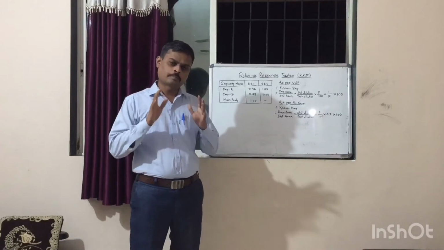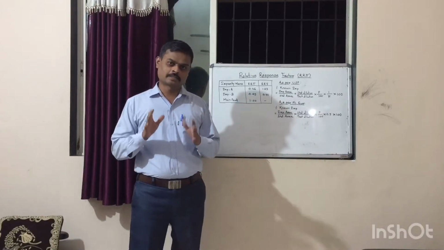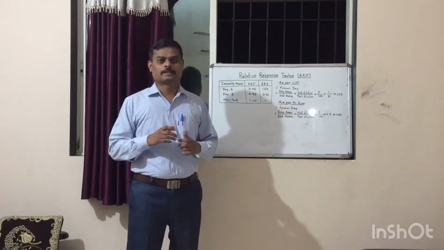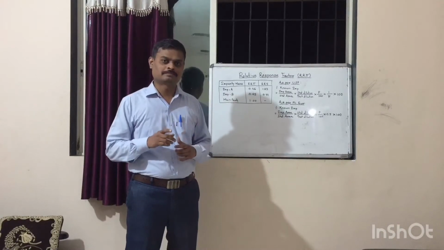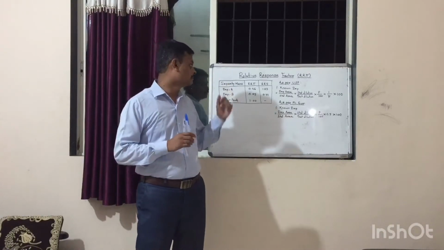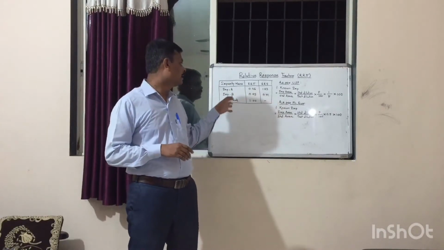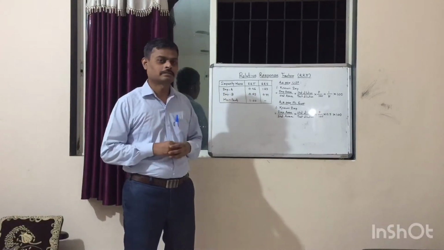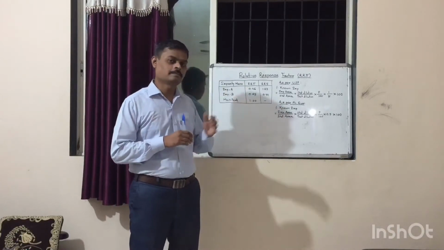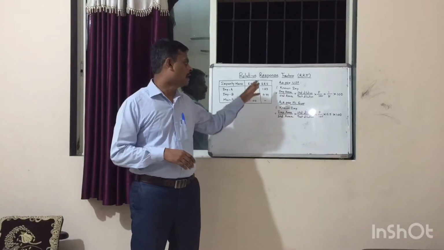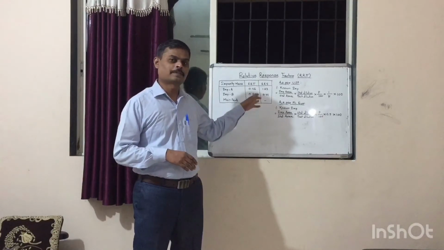Friends, when we perform the analysis of related substances test, many times we find a table in the analytical method. That table contains a list of known impurities, their relative retention times and RRF values of respective impurities.